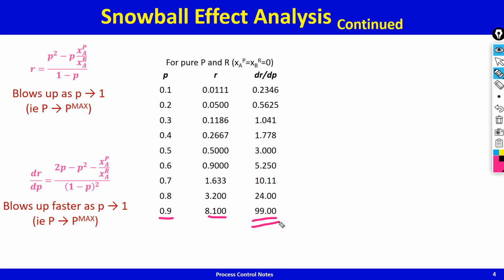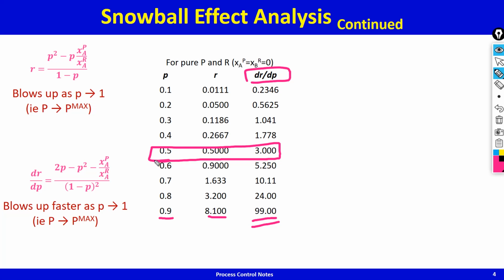I make a 1% change in P, and the change in recycle rate, you know this guy is 99%. That's extreme sensitivity.